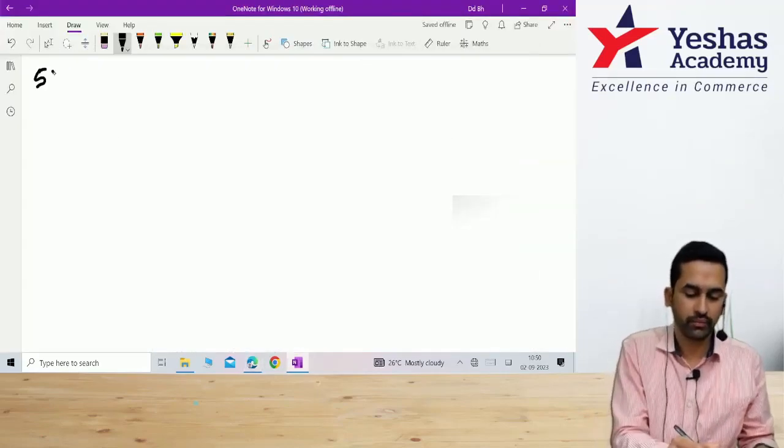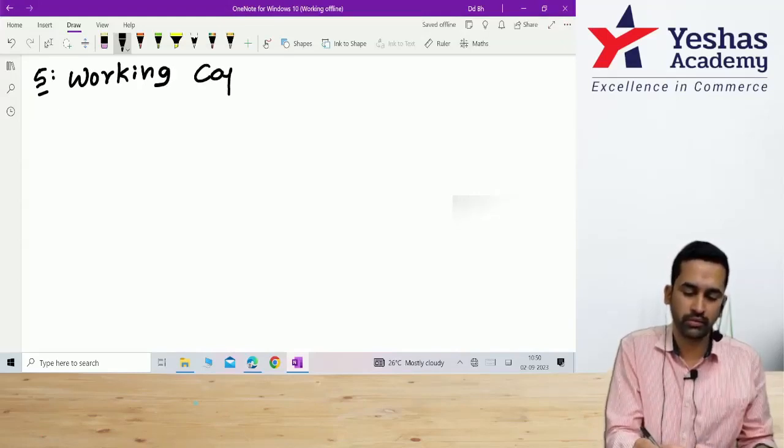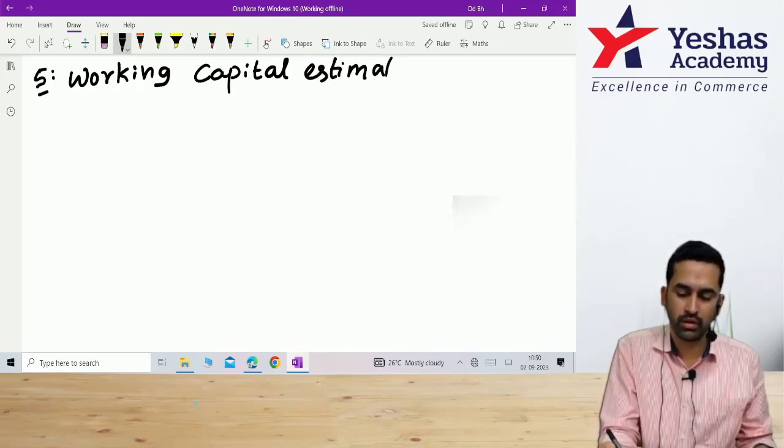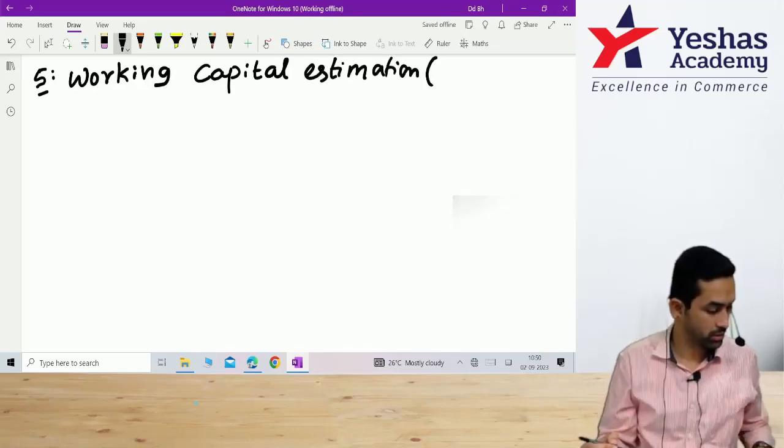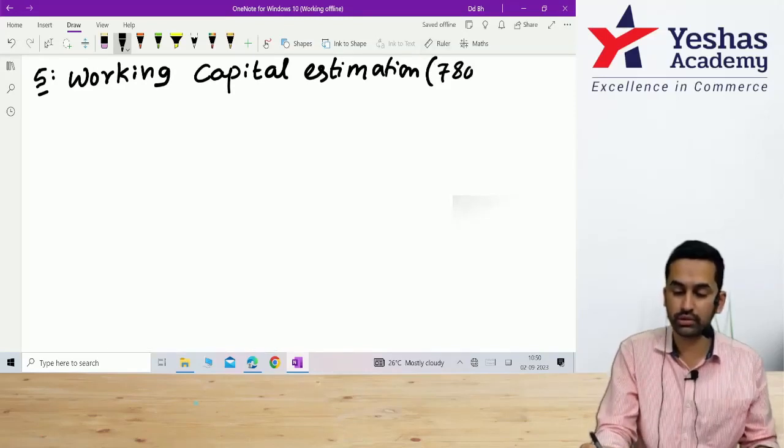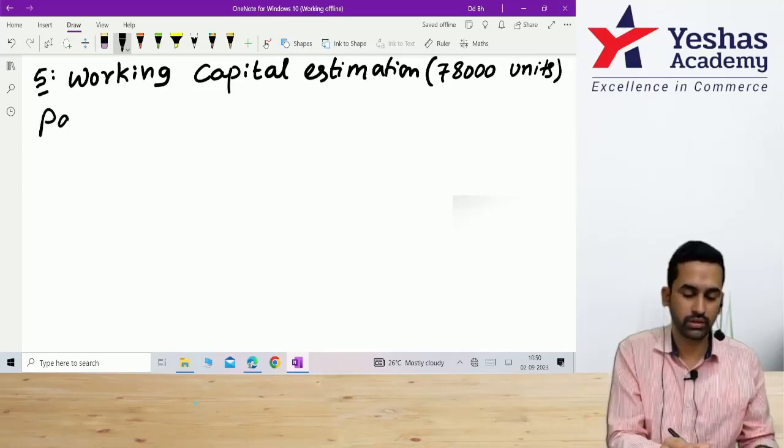Question 5. Working capital estimation. In bracket for first line of the question, 78,000 units.